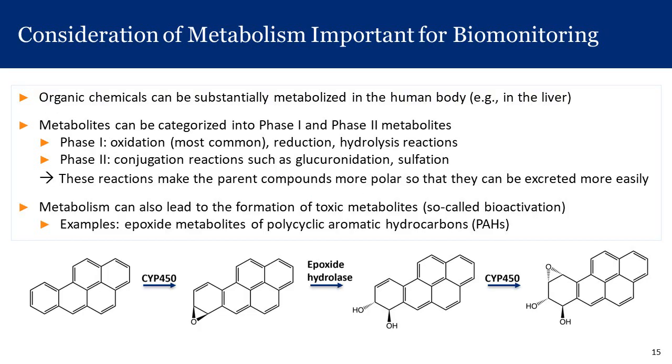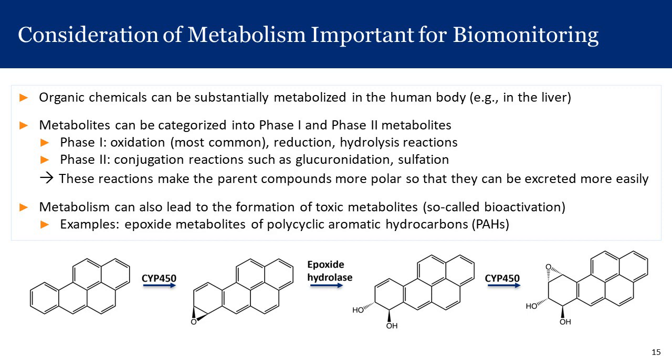In addition to these transformation products, there is the metabolism of organic chemicals. If we are ingesting them or if we're exposed to them via air or food or through the skin, a lot of them are substantially metabolized, especially in our liver. We typically categorize this metabolism into two different phases. The first phase, or phase one, is the oxidation, which is the most common reaction. Sometimes for some compounds also reduction or hydrolysis reactions can occur.